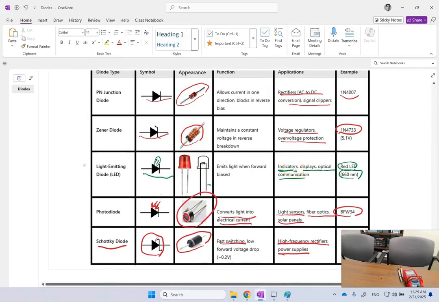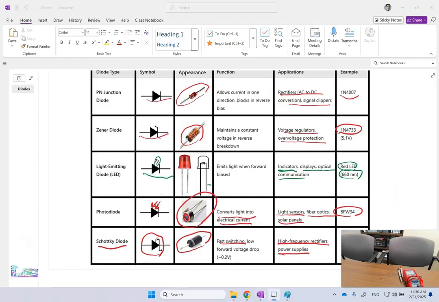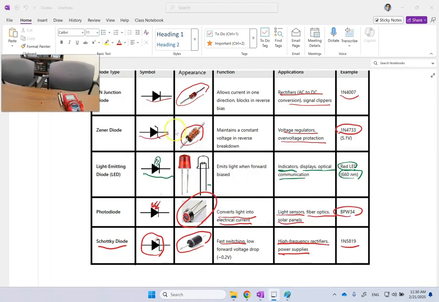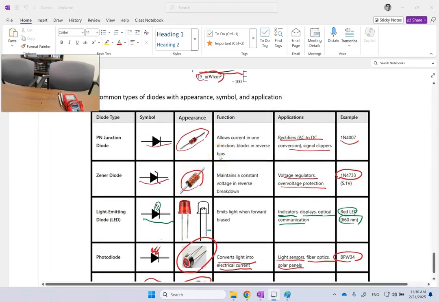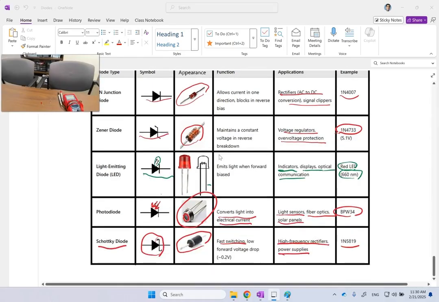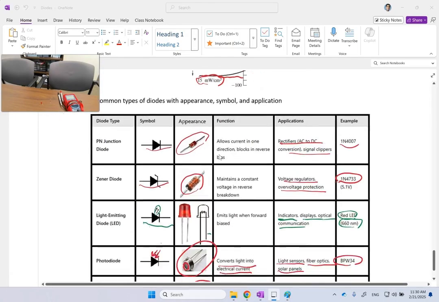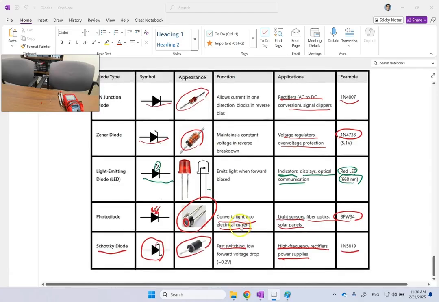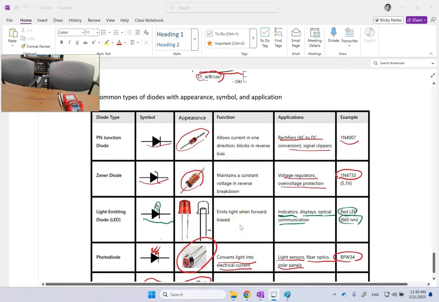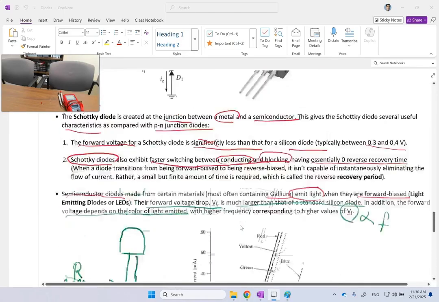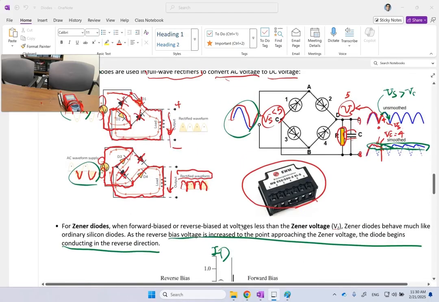So here are the 5 types of diode that I have gone through for you in this video: PN, Zener, LEDs, photodiodes, and Schottkys. I mentioned how they look, what their symbols are, where they are used, and one example of their chips and some of their characteristic behaviors.